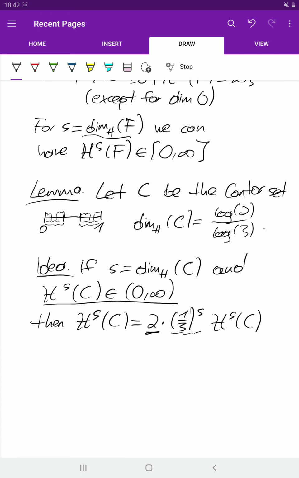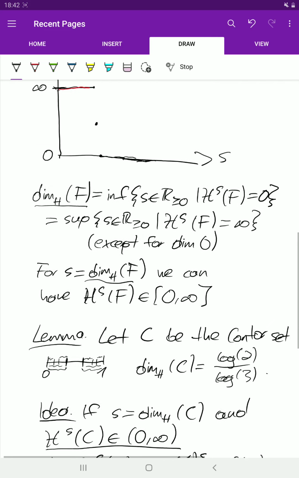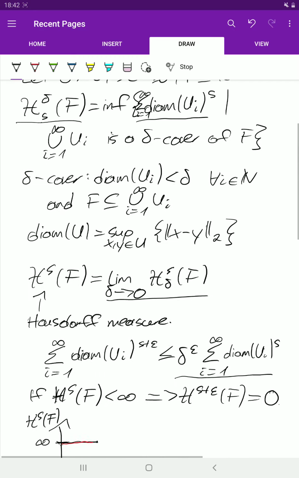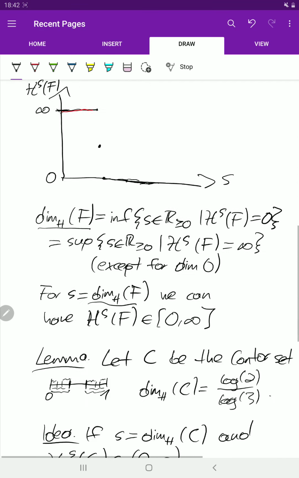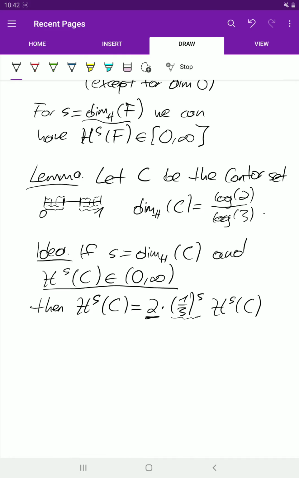And so, to motivate, one can calculate this scaling property directly from the definition here of the Hausdorff measure. But let me motivate it a little bit more. Let's think of just some normal volume. So, for instance, think of the volume of a rectangle in two-dimensional space.